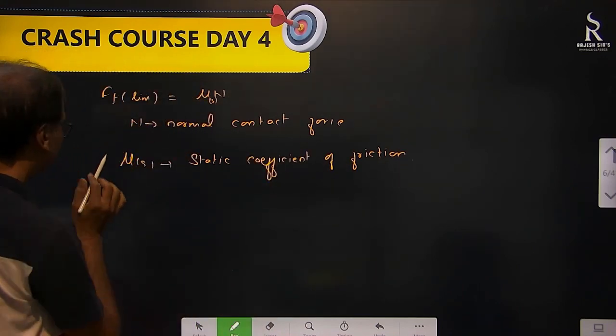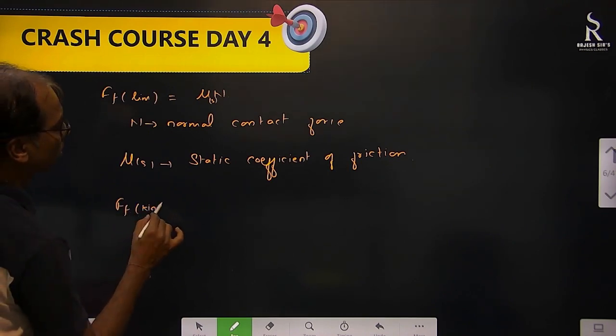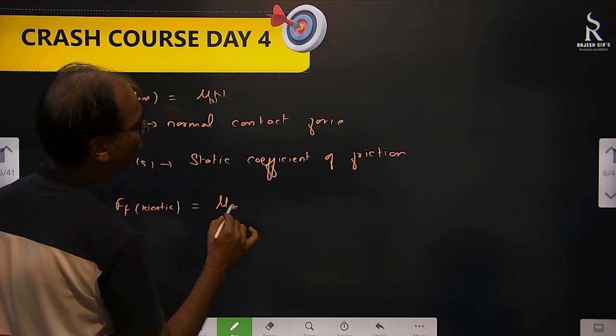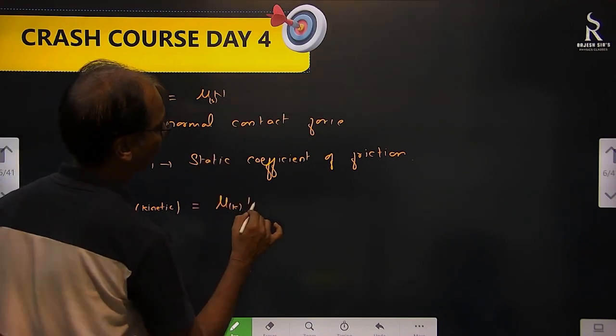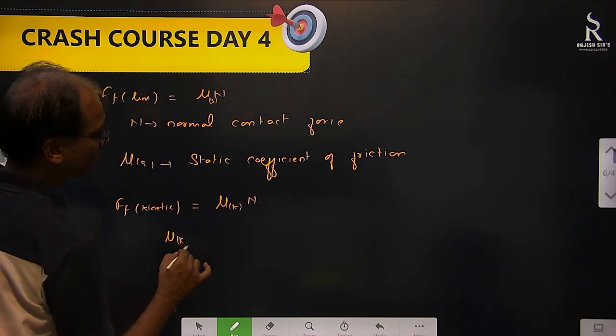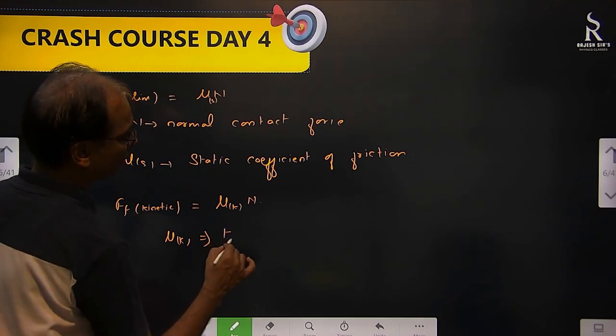Same way, if suppose kinetic friction we want to find, kinetic friction is also mu n only, but in that one mu becomes mu k, and mu k is less than mu s. Remember, mu k n. So what is mu k here? Coefficient of kinetic friction, or kinetic coefficient of friction.